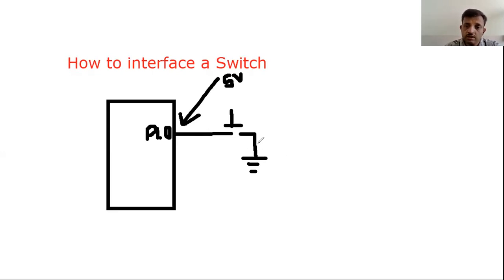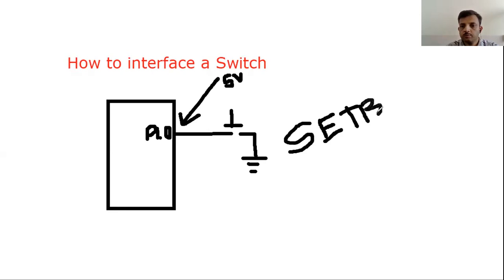In 8051, there is no separate control register to distinguish whether a port should be input or output. So generally we write an instruction. If I want to make a port an input port, you simply use the set bit instruction on the respective port, for example set bit with P1.0.